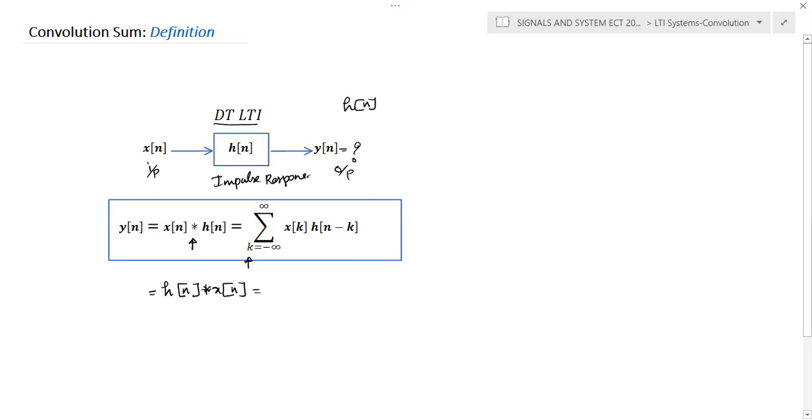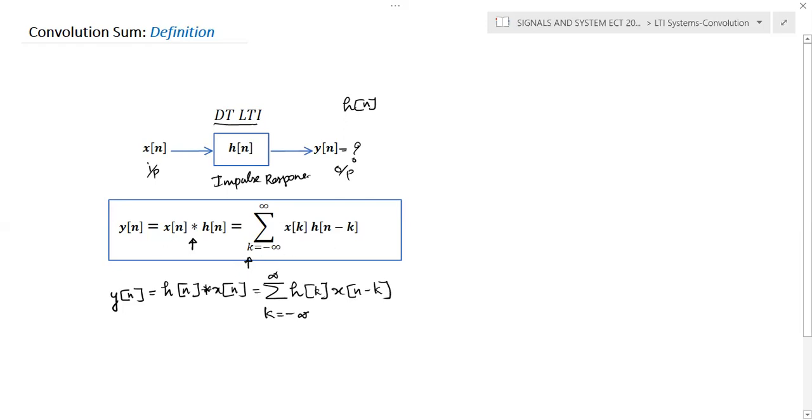So we can write h of n convolution x of n, both are the same, because it obeys the commutative property. We can also verify this. If you use this equation, again k goes from minus infinity to infinity, we'll write h of k first, then x of n minus k. So both equations will lead to the same result, y of n.